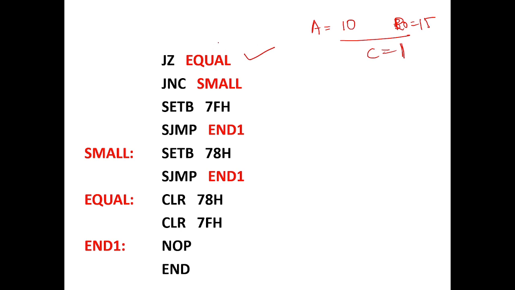Both are equal or not equal. So condition fails. Jump if carry is not set. Right. So this also fails. So that means where I need to go, this is a logic I need to perform. That means I need to set the LSB here.